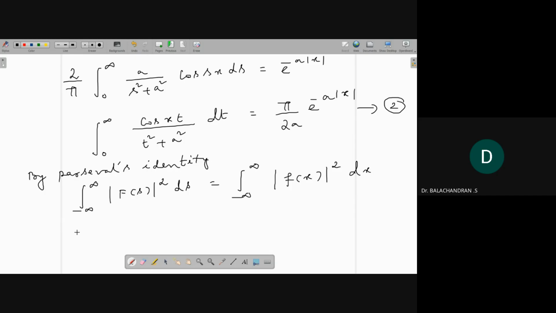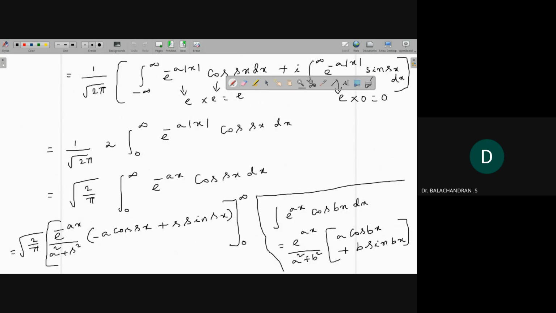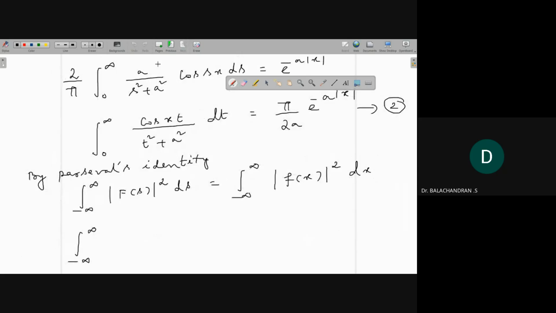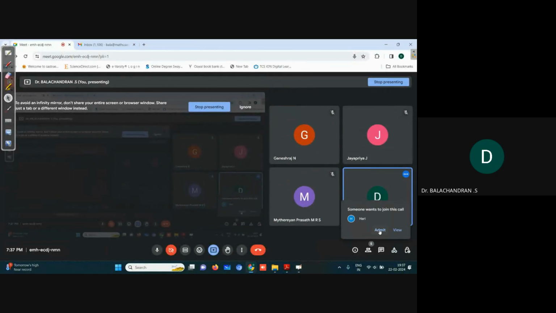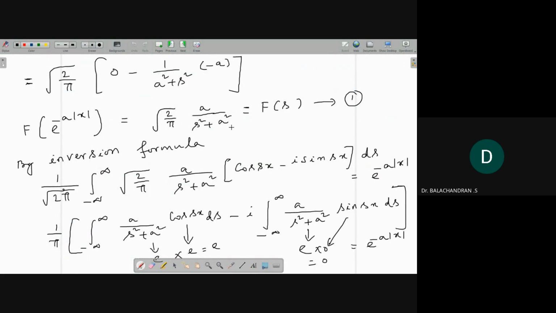Now f of s is given by equation number 1. If I square this one, what will we get? 2 by pi into a square by s square plus a square, whole square.